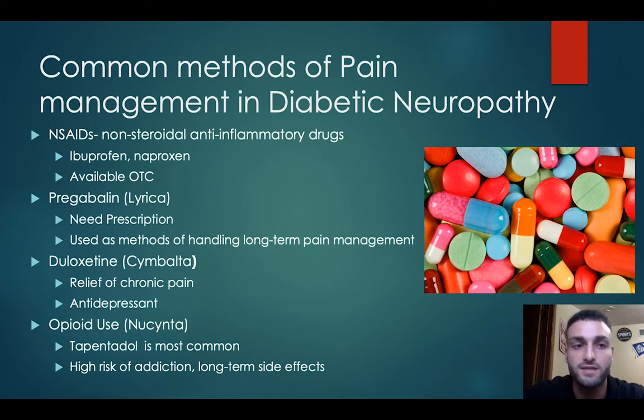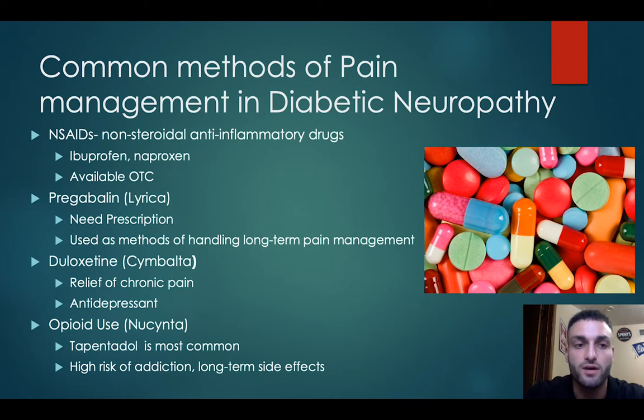One of the first lines is NSAIDs, non-steroidal anti-inflammatory drugs. These are things such as ibuprofen or naproxen, things that most of us are pretty familiar with, and they don't require a prescription. You can get these over the counter at your local drugstore, such as Walgreens or even CVS. However, I want to talk about three main FDA-approved drugs that will require a prescription from your local physician.